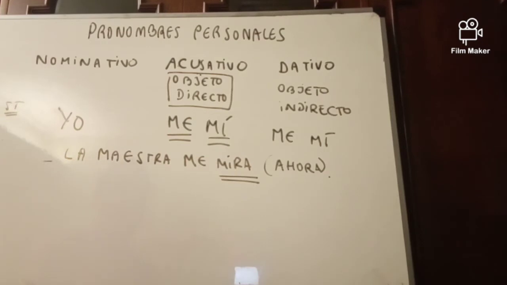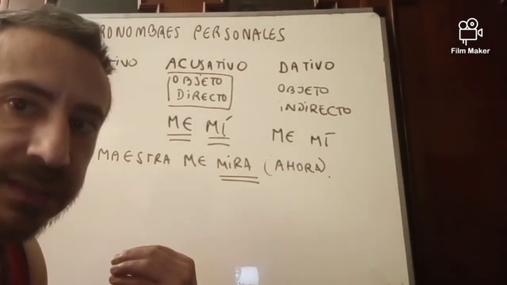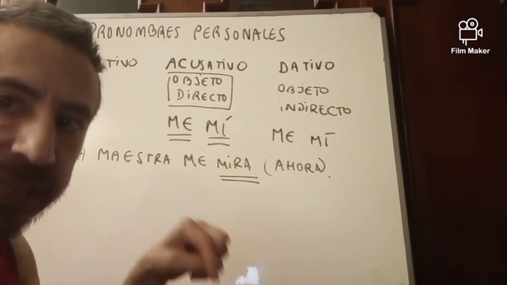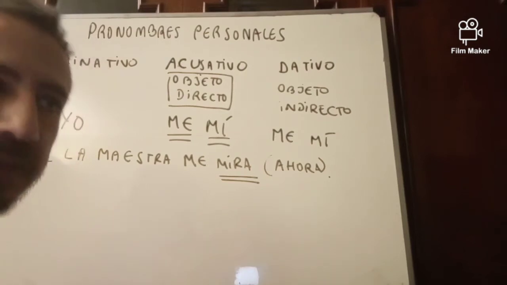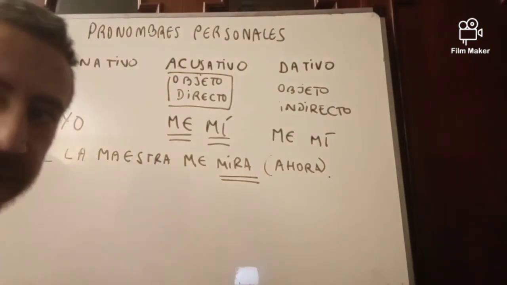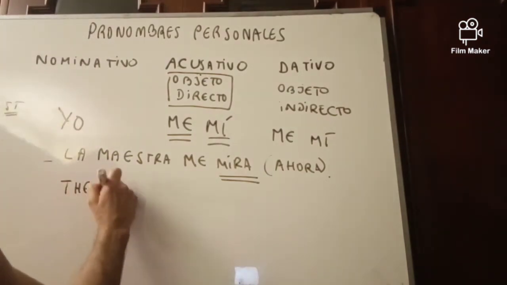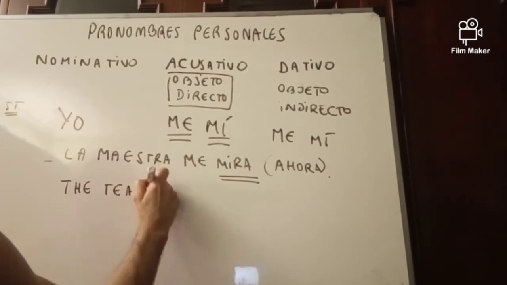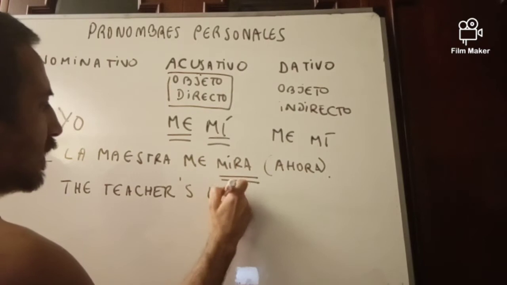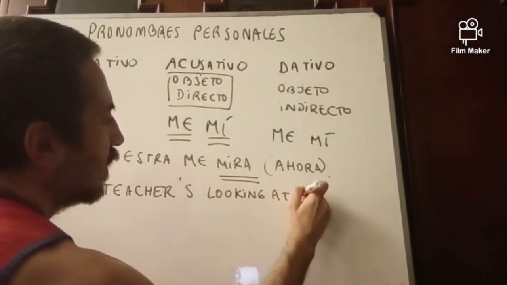Just by saying la maestra me mira, we native speakers understand that the action is taking place in the moment, but we have to translate it into English by using your present continuous. So this is: the teacher's looking at me.